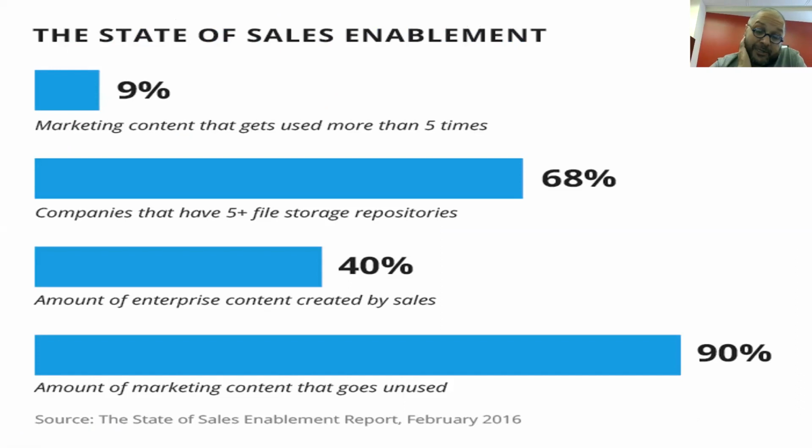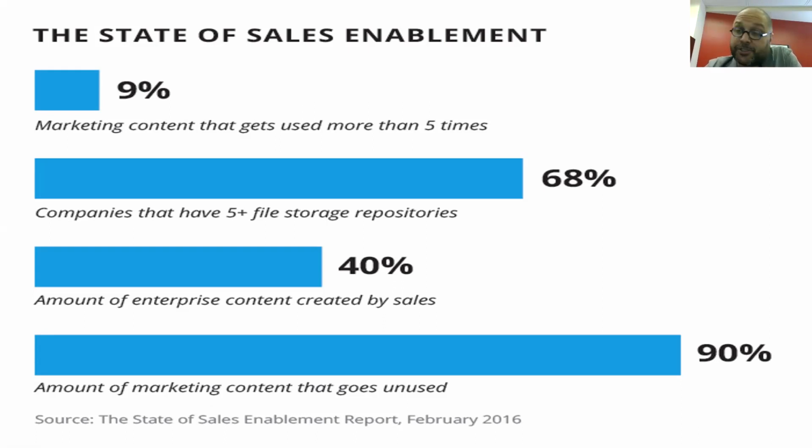But unfortunately, while sales enablement definitely can help a sales organization, this is something which is still 4 years old. It's probably gotten a lot better now. But take a look at this. Essentially, only 9% of the marketing content created by your marketing team is used by salespeople. So whatever money is being spent on marketing to create content, salespeople hardly use it.